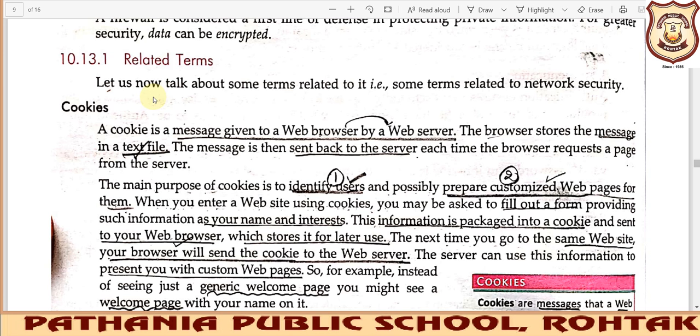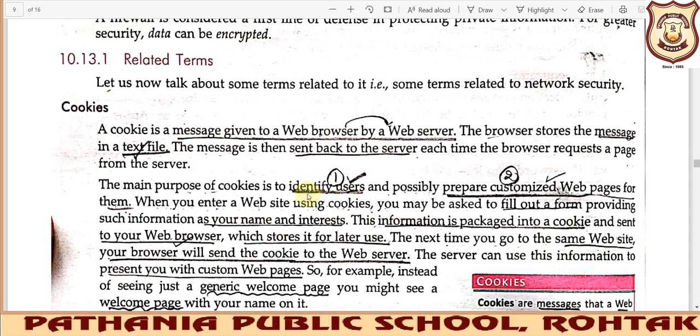How does it happen? Because of the cookies only. The web server is giving information to the web browser about your interest areas, so you are able to see ads related to them. It happens because of the cookies only.